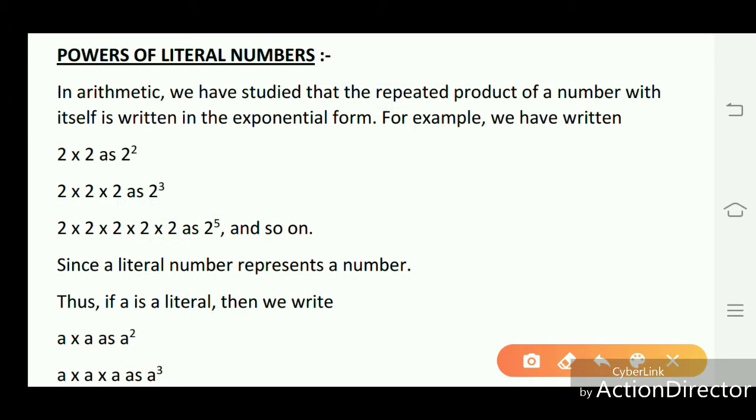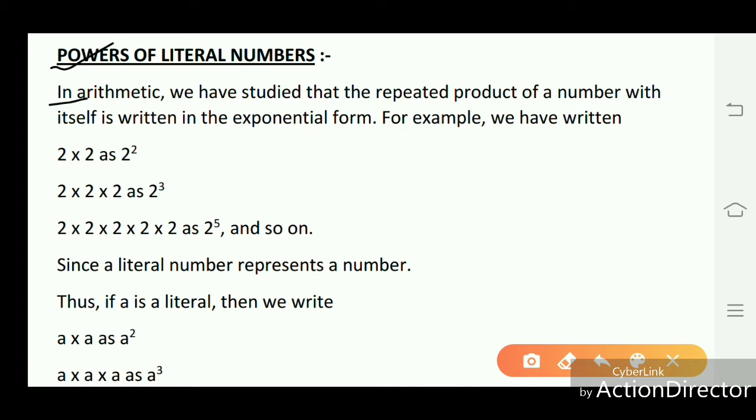Now students, here we will discuss and learn about powers of literal numbers. In arithmetic, we have studied that the repeated product of a number with itself is written in exponential form.